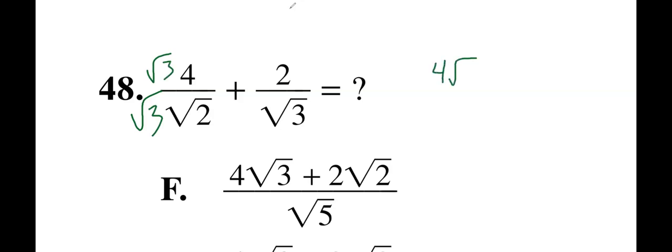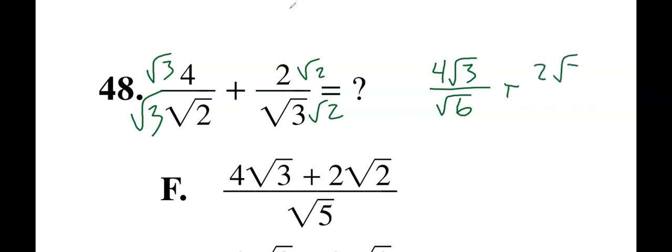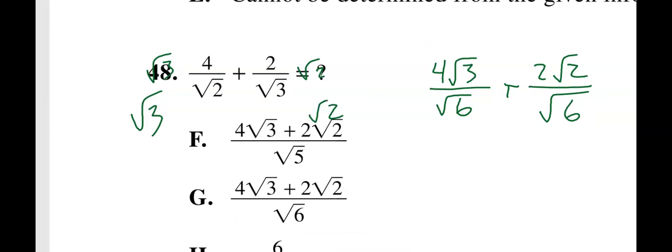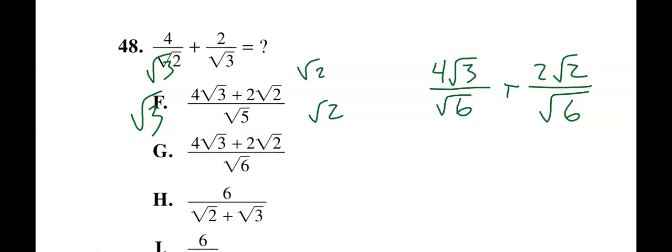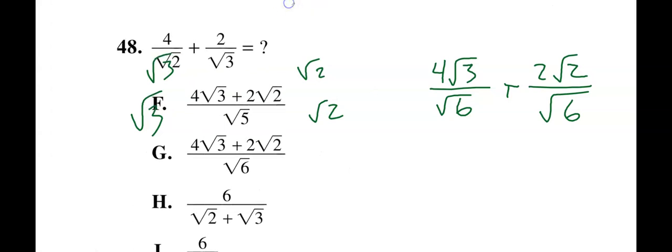So that's 4 radical 3 over radical 6. Then we're going to multiply this one by radical 2, top and bottom. 2 radical 2 over radical 6. Do we have a winner so far? Yeah. What is our winner? Letter G. Notice that they did not rationalize the denominator. They did not waste their time.